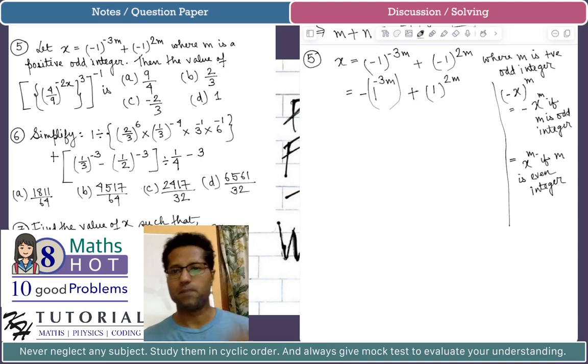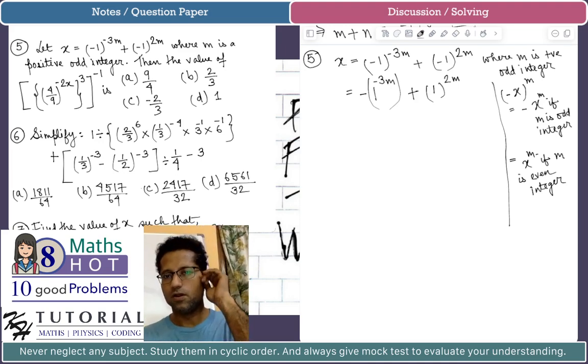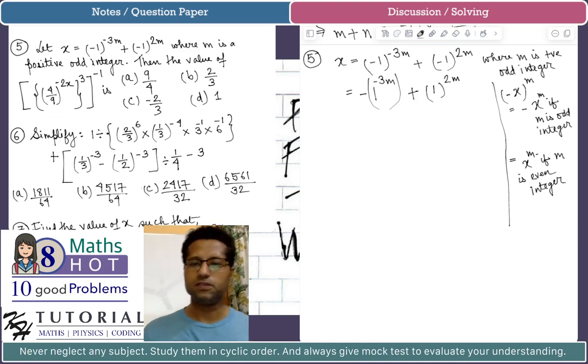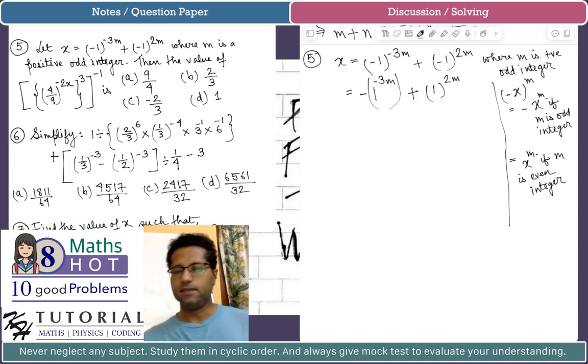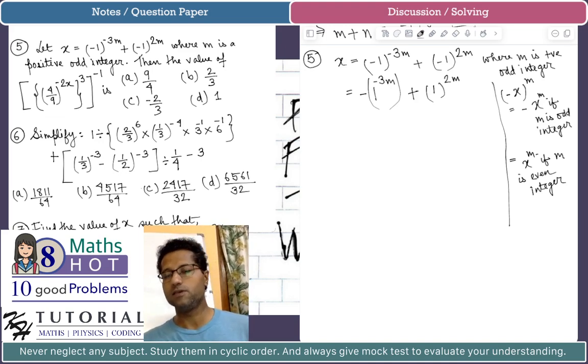So the power minus 3m will always be an odd integer, since m is a positive odd integer, and if you multiply any odd integer with 3, it will always be an odd integer. And in the result, minus x raised to the power m will be equal to negative of x to the power m if m is an odd integer, irrespective of whether it is positive or negative.